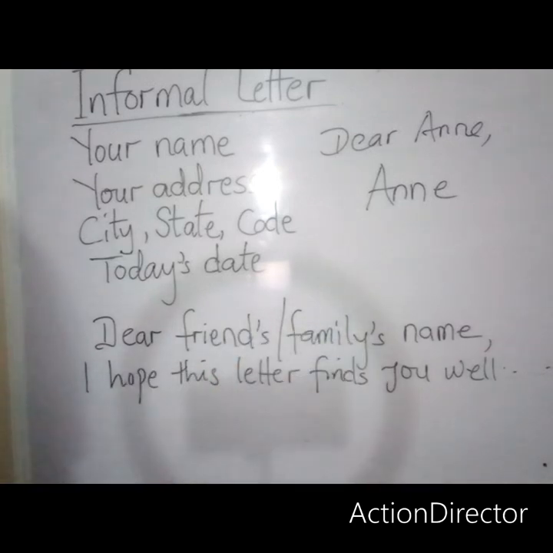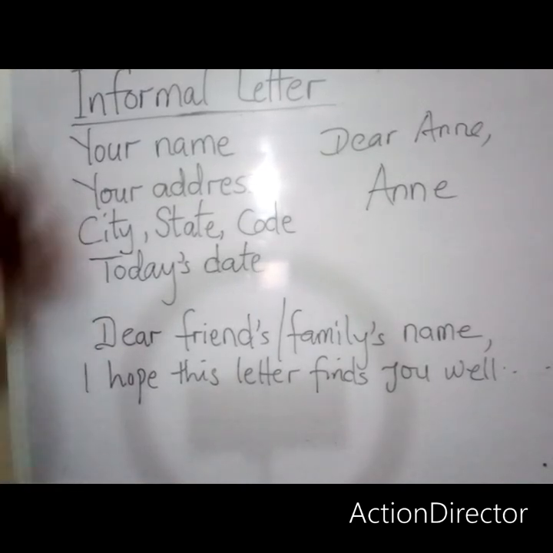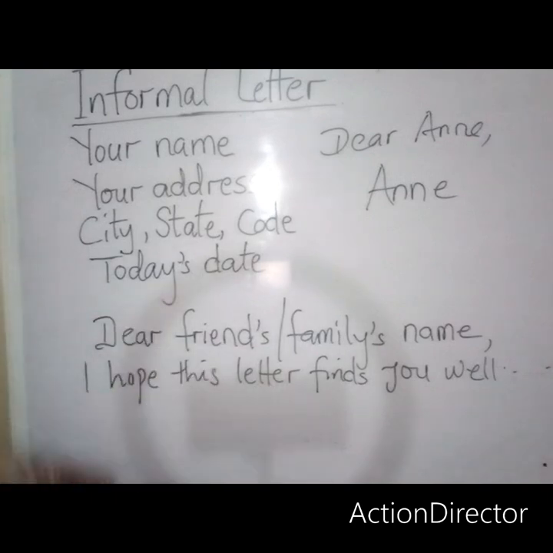I hope this letter finds you well. Dear Anne, how are you doing? It's a very relaxed tone, okay? But the basic thing here is just try to write your name, your address, your city, and then the date. Every other thing can be according to your style.